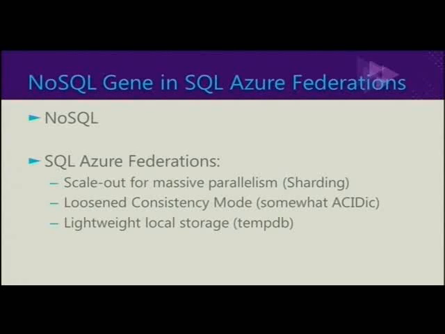So basically, it's not NoSQL. It's still SQL Server, it's just a little bit NoSQL-ish. So federations allows us to do massive scale out of SQL Azure databases to shard. It reduces the consistency model, so our consistency is only really within an atomic unit, so at a lower level. It also gives us a whole bunch more local resources like TempDB and CPU and memory.